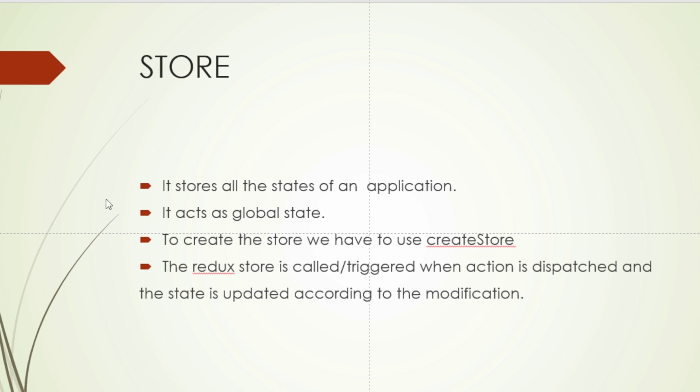It is the main part of Redux, because whatever we retrieve and whatever modifications we do will all be stored here itself. Before Redux, we had to pass data from one component to another component. Here we store everything in one place, and whenever we require it, we call it by using useSelector.